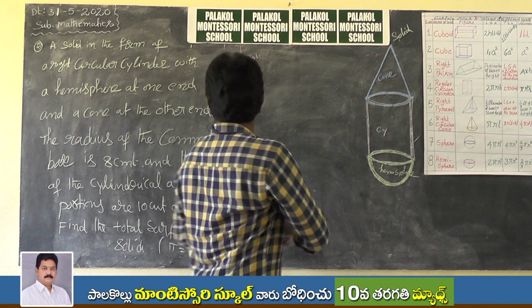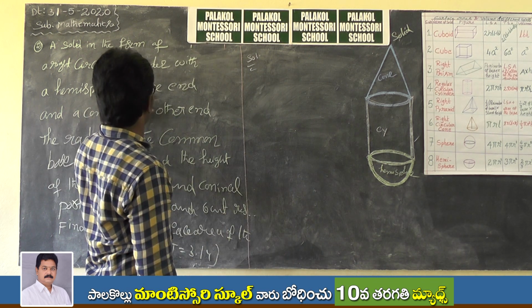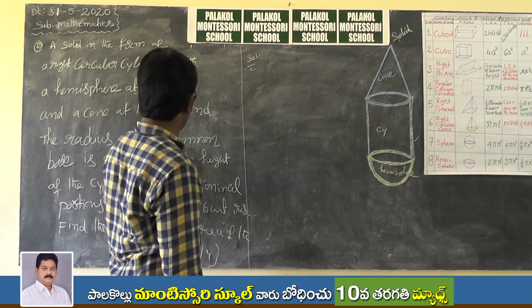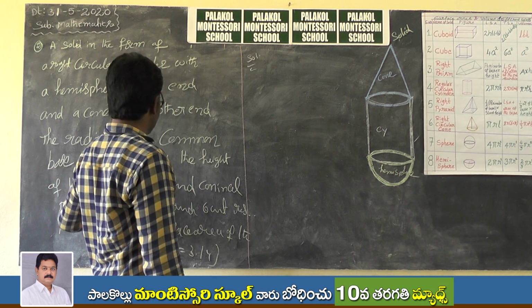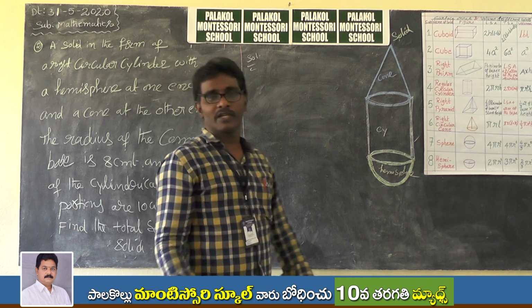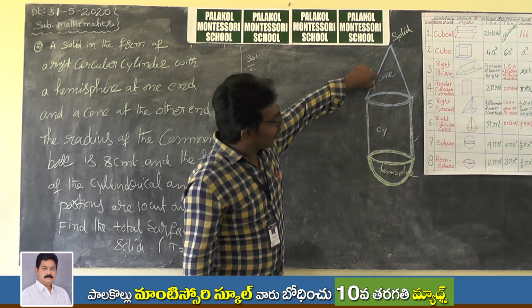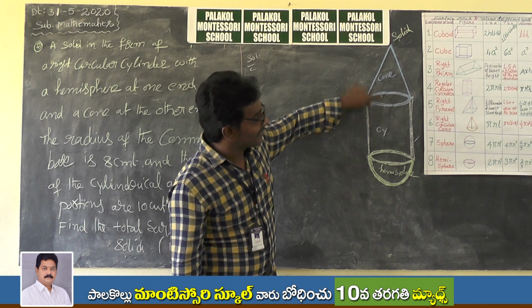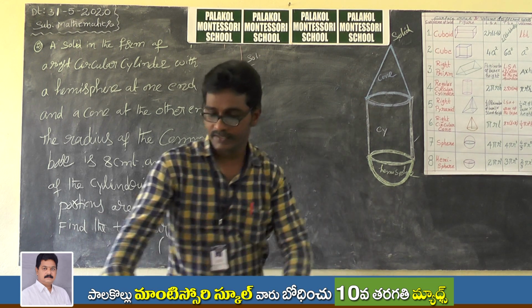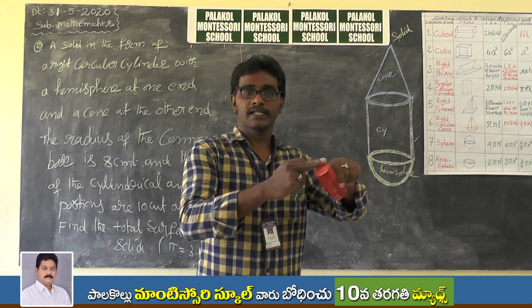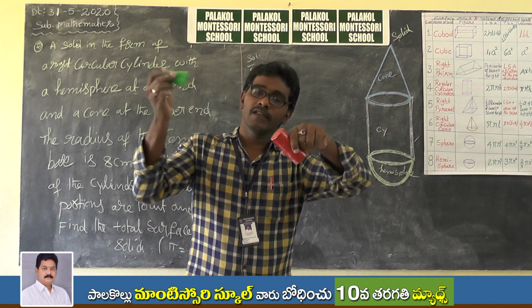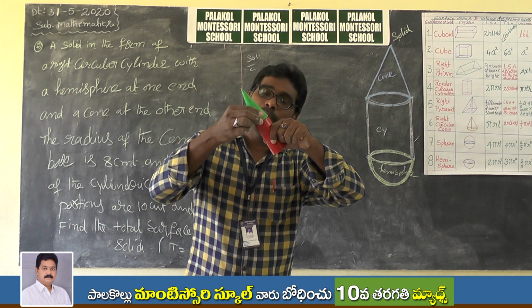Now see, first one: the radius of the common base is 8 centimeters. Very good. The common base of the cone and cylinder is this one. Check it. This is a circle, and this is also a circle.